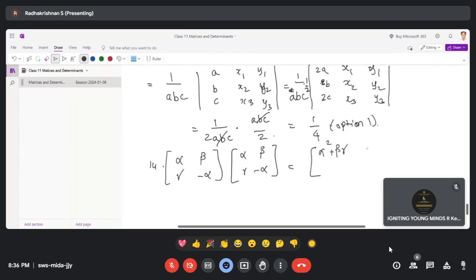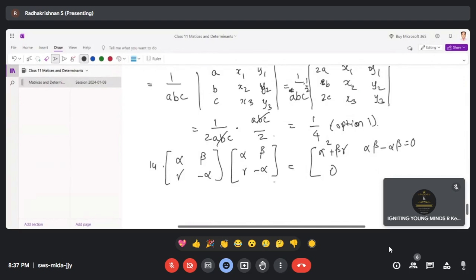This is alpha beta minus alpha beta, so that is 0. This one will be alpha gamma minus alpha gamma, this is 0, so this is also 0. This is also 0. And this one is going to be second row, second column.